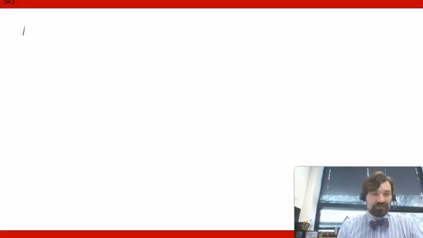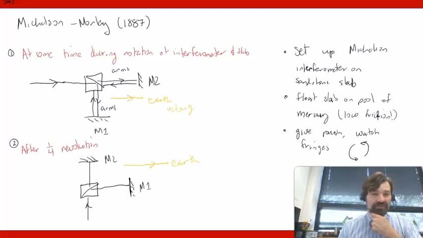So delta t for arm 1 in case 1 basically would have just been whatever the length of the arm is. So let's come back to this. Let's note that each arm has some length L associated with it. And so L represents the distance traveled from the beam splitter to the mirror and then back.